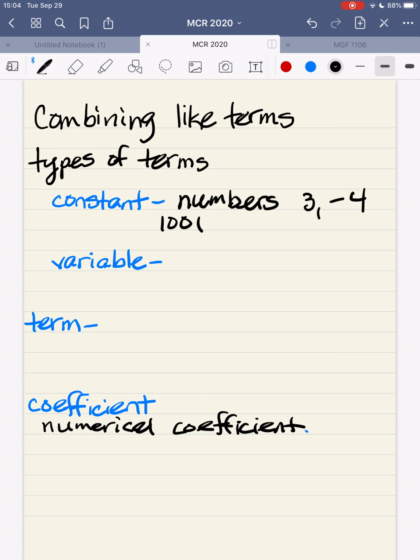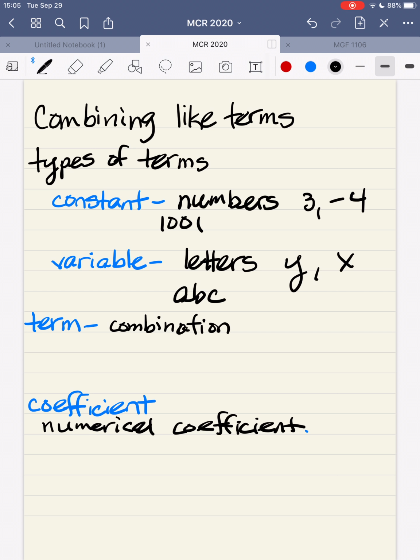Then we have variables. Variables, these are your letters. Okay, so Y, X, A, B, C, that sort of thing. A term, however, a term is a combination of constants, variables, or both.